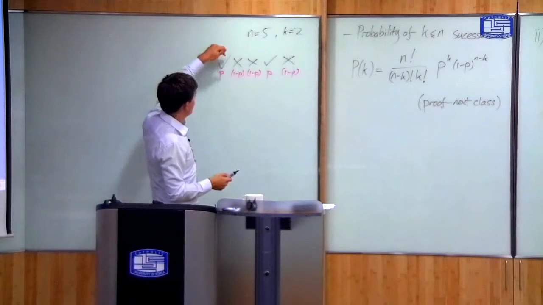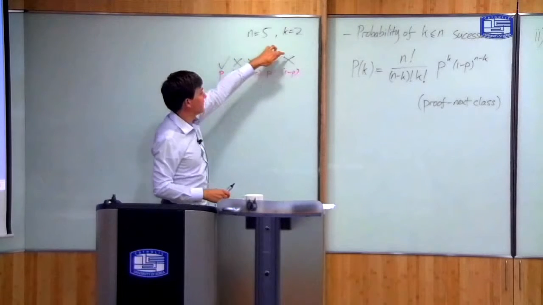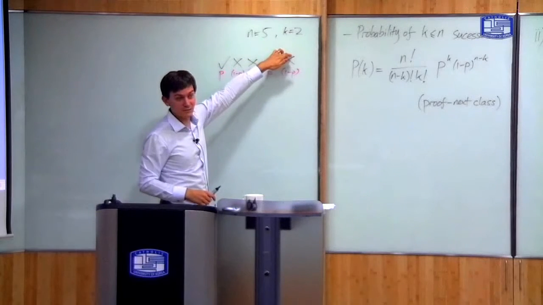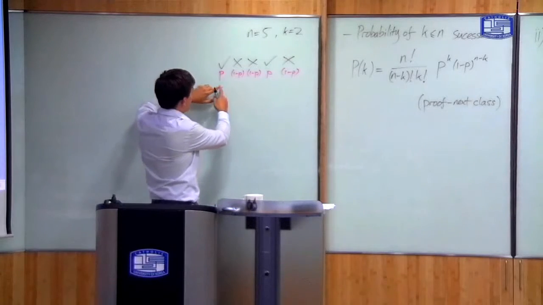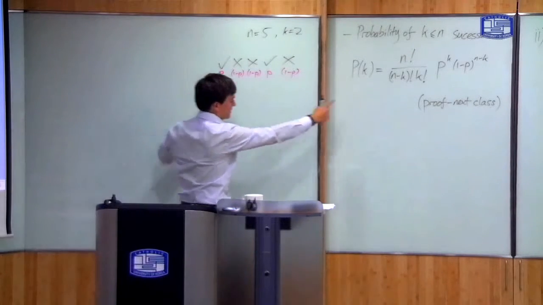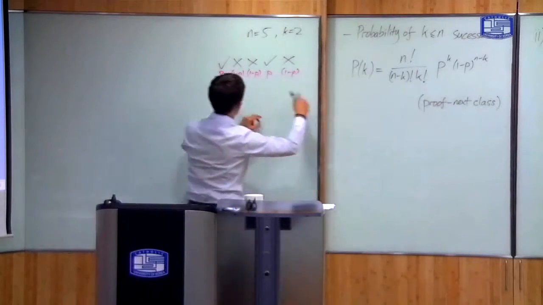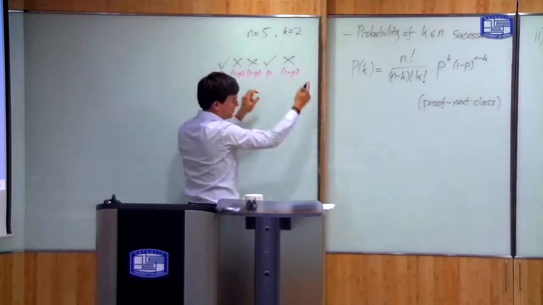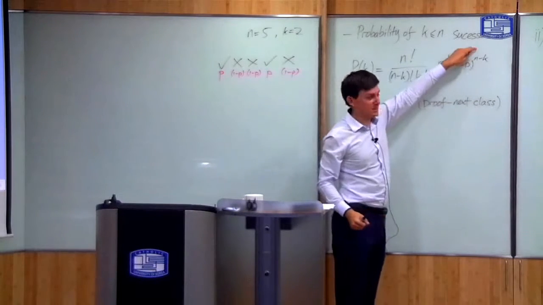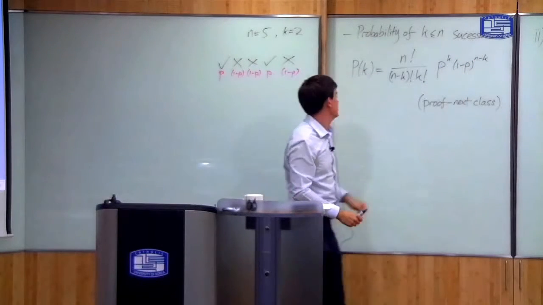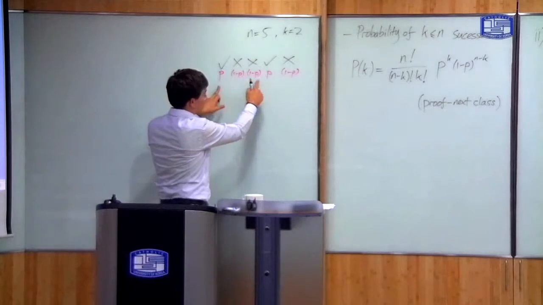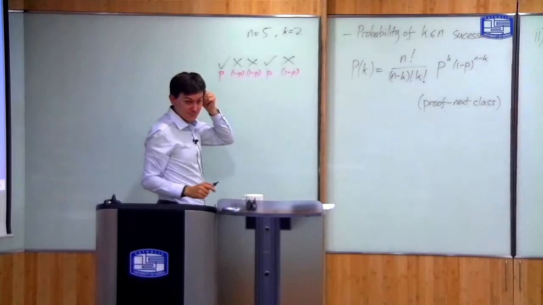So I try 5 times, I succeed twice, and I fail 3 times. If I multiply these all together, I get p squared, that's p to the k, and I get (1 minus p) cubed, that's (1 minus p) to the n minus k. So that explains these two terms.